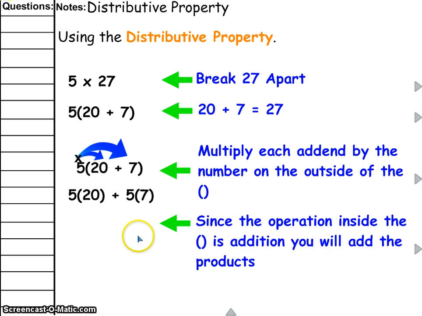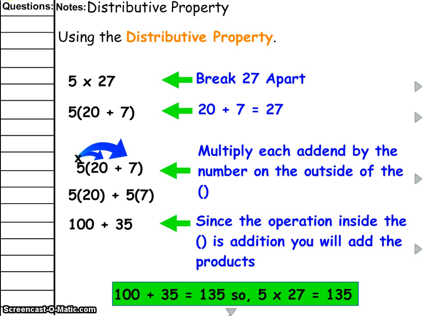Since the operation inside the parentheses is addition, that means we're going to add our products. So once we multiply 5 times 20, which is 100, we're going to add it to 5 times 7, which is 35. So then we'll have our answer, 135. So 5 times 27 equals 135.